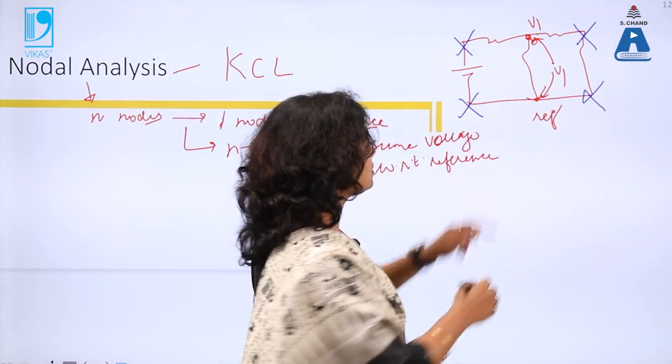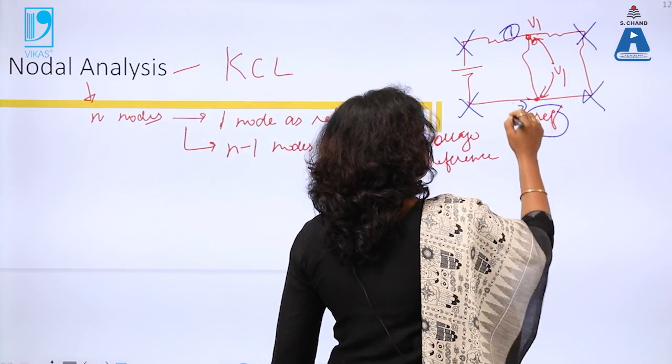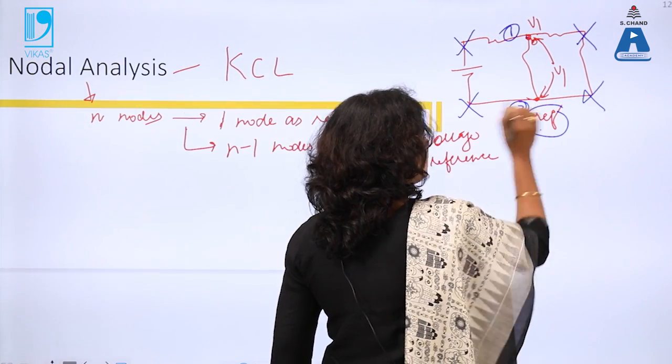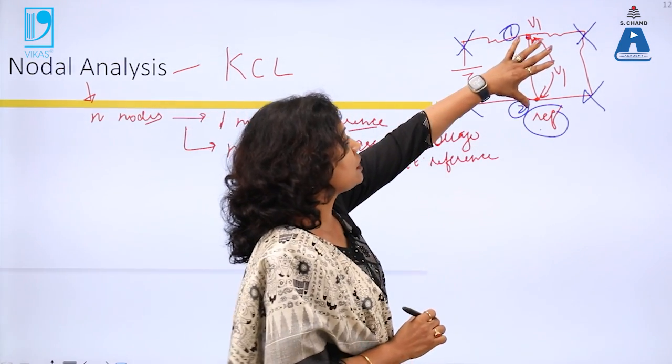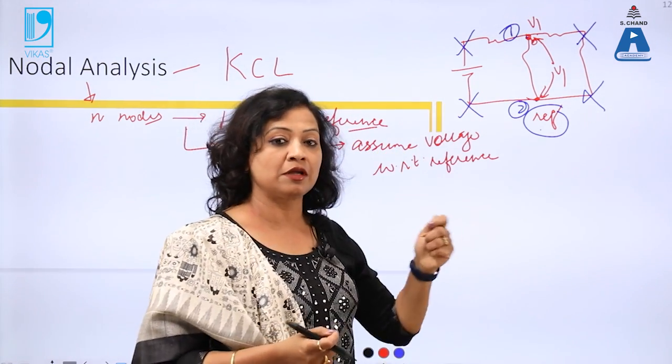I have taken this as reference. So there are two nodes, node 1 and node 2. I have taken one as reference and I assume the voltage of the other node with respect to the reference, because voltage is only measured between two points. It cannot be measured at a single point.